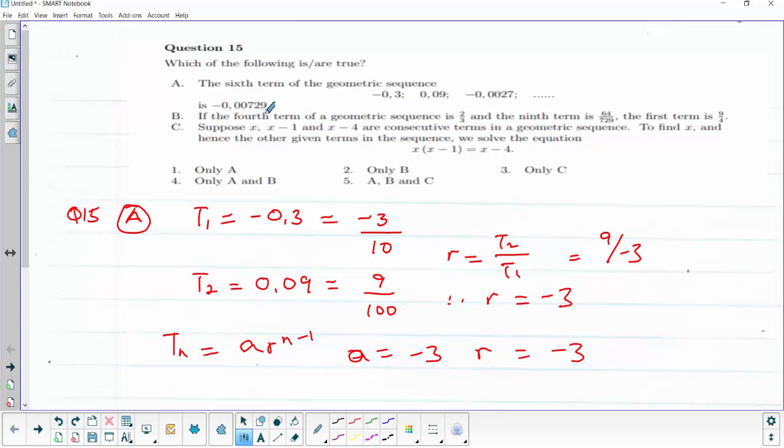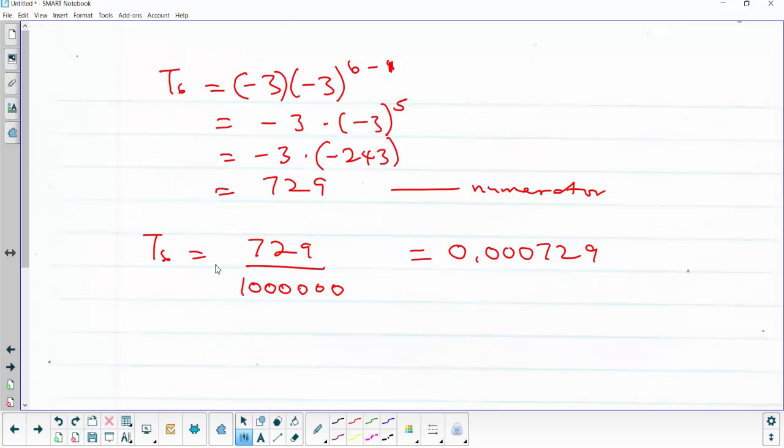So let us go back to the equation. Minus 0,00729. Let us confirm whether we are having the same answer.